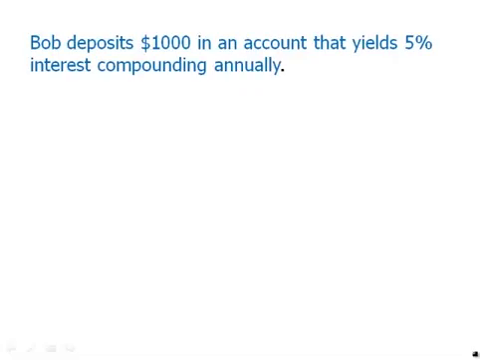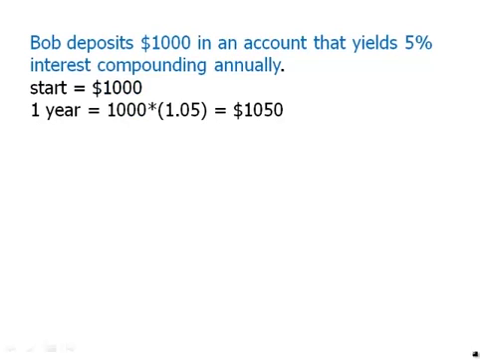So for example, Bob deposits $1,000 in an account that yields 5% interest compounding annually. So that means that every year the amount in the account is going to experience a 5% increase. So it's going to get multiplied by 1.05, which is the multiplier for a 5% increase. So we start at $1,000.